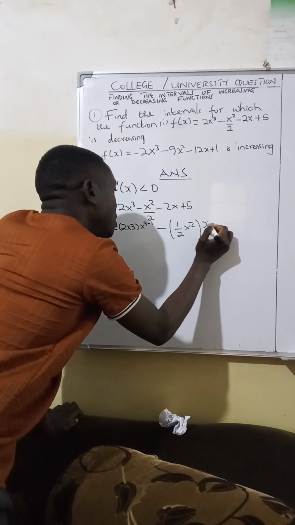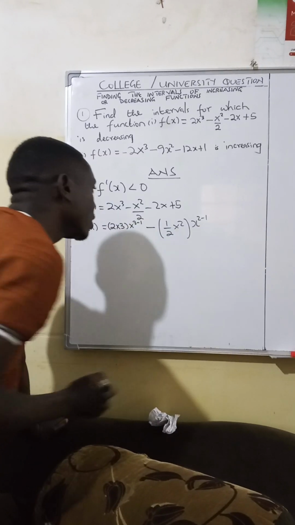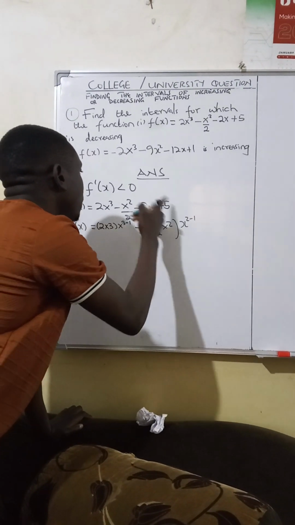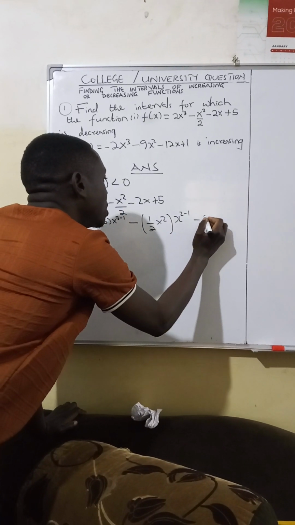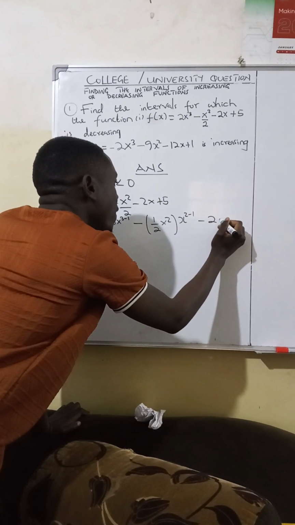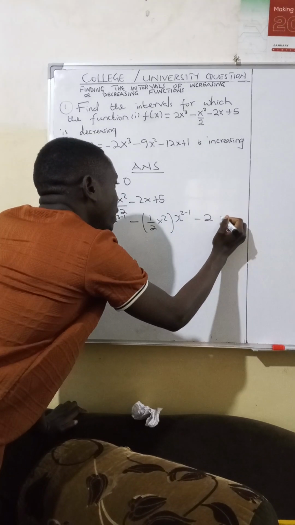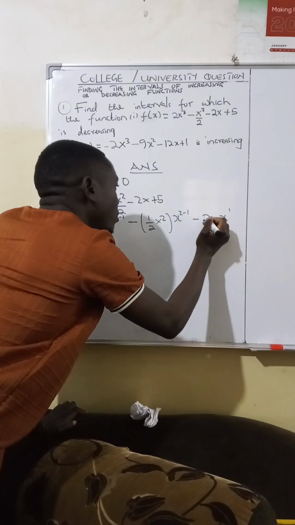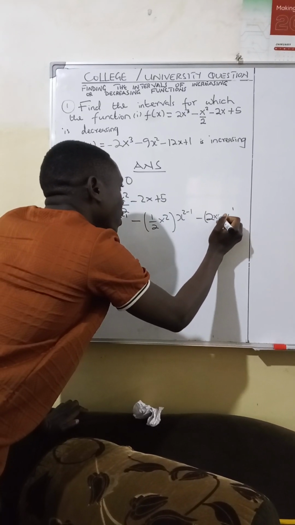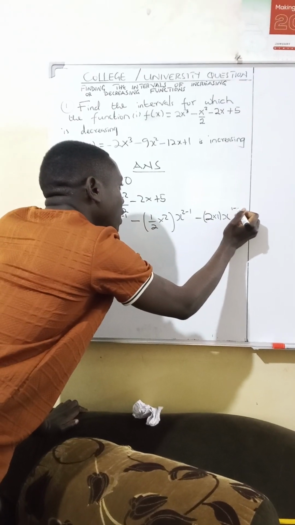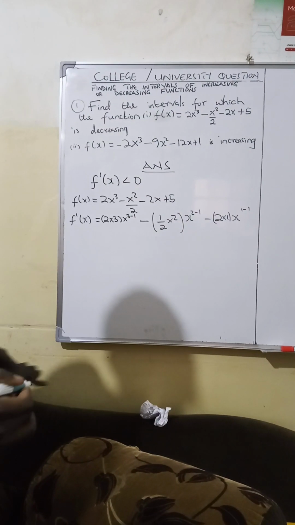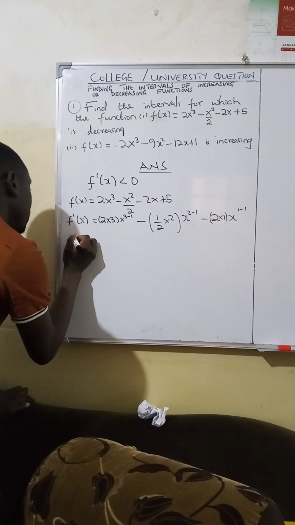Then the power is reducing by 1. Then I have minus 2x raised to the power 1. So I'm going to multiply the coefficient 2 by 1. Then the power reduces by 1. Then the derivative of a constant is just 0.